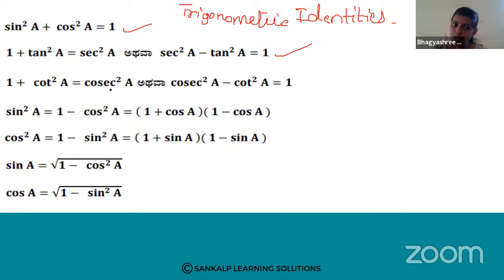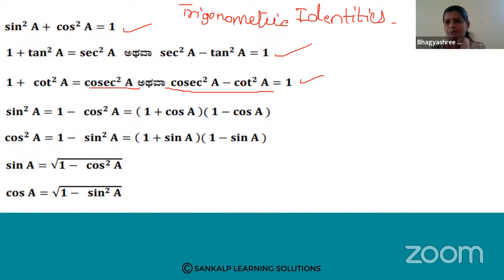1 plus cot square A is equal to cosec square A. Transfer this cot square A to this side, it becomes cosec square A minus cot square A is equal to 1. See, these are the main 3 identities. From these 3 identities, we are going to get some other identities. Using these, we will find other identities.